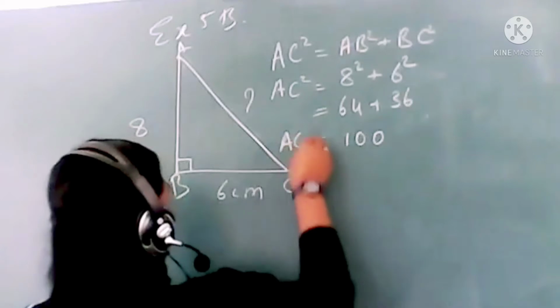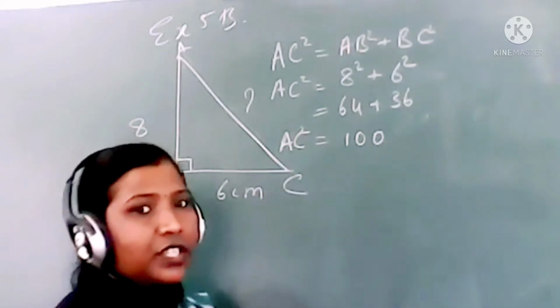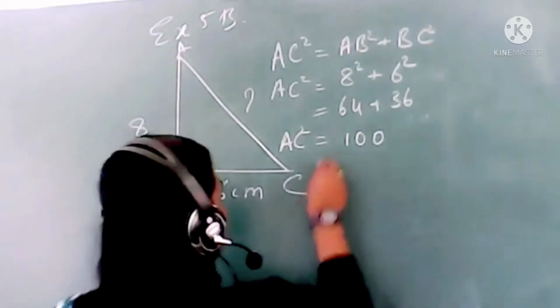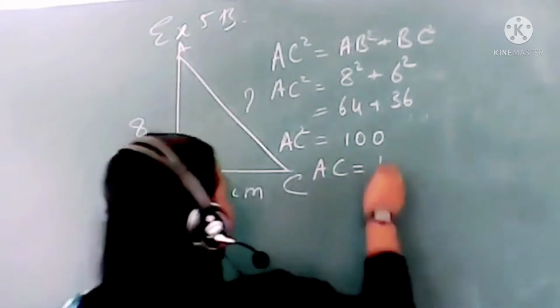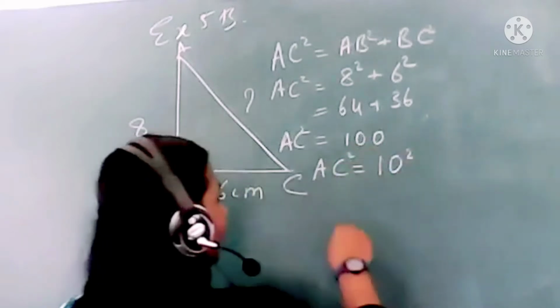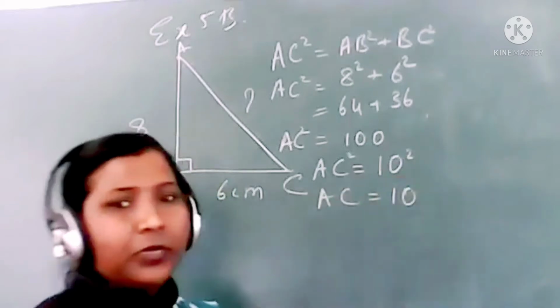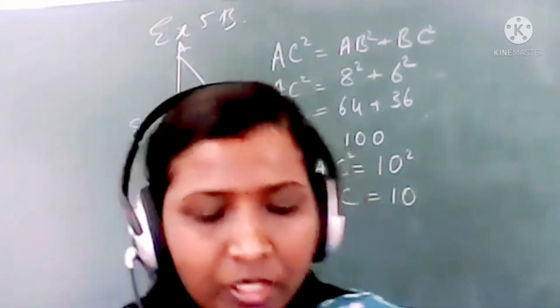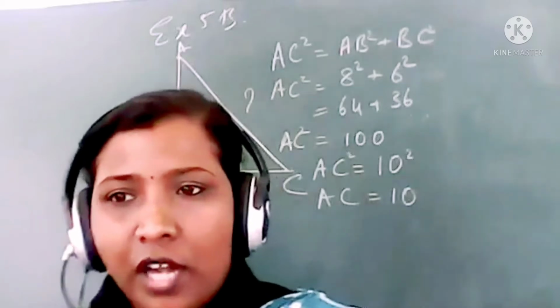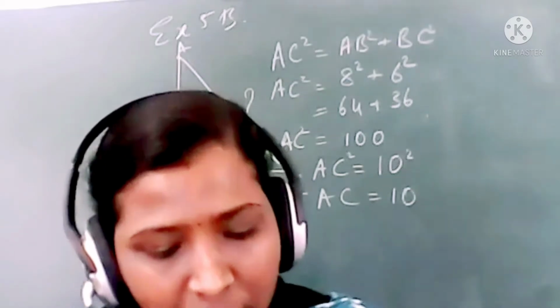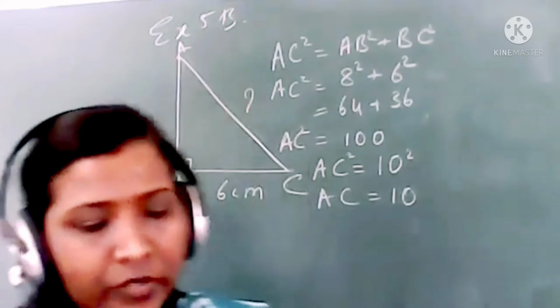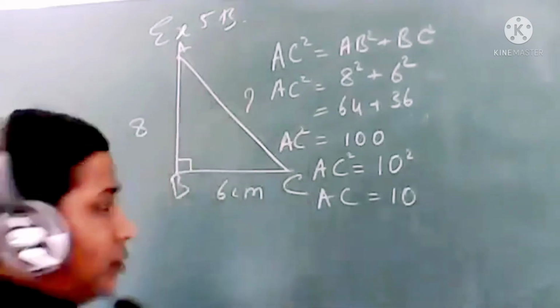So AC square has become 100. That means AC is equal to root of 100. The square will go away and AC will become 10. Clear, all of you? Then I will do another question for you, the third one, so that you can understand.